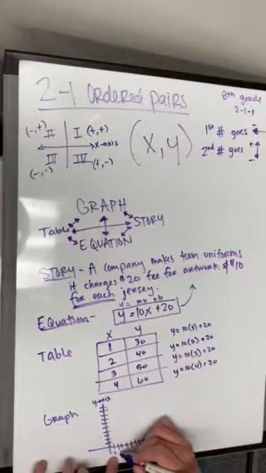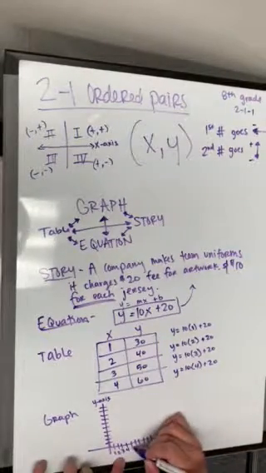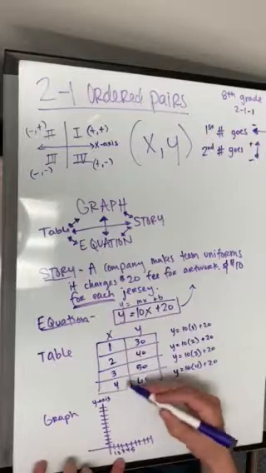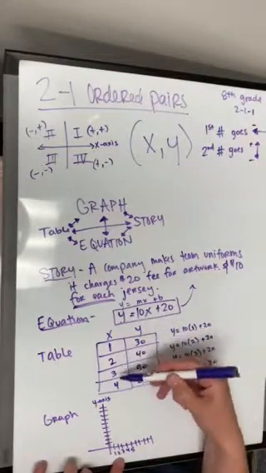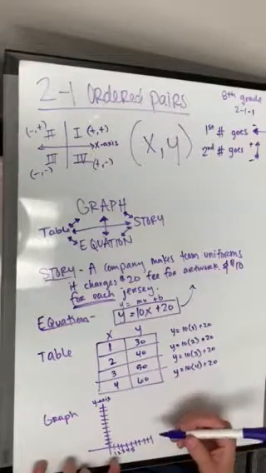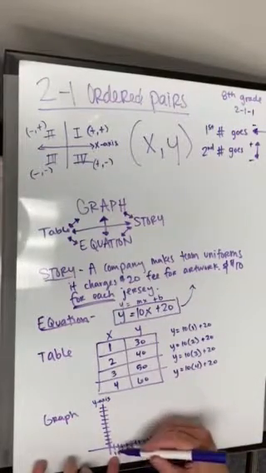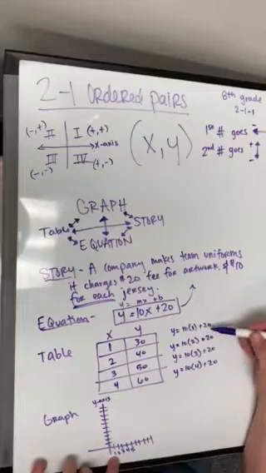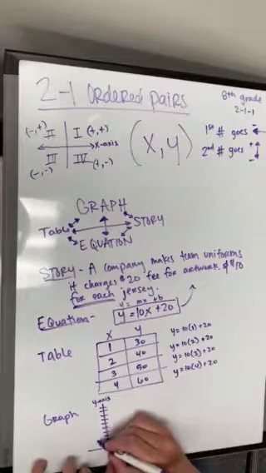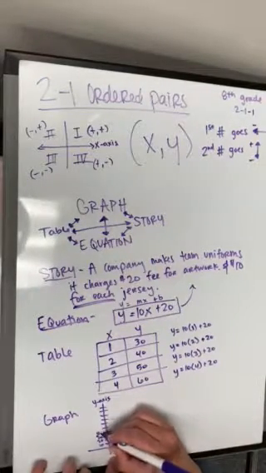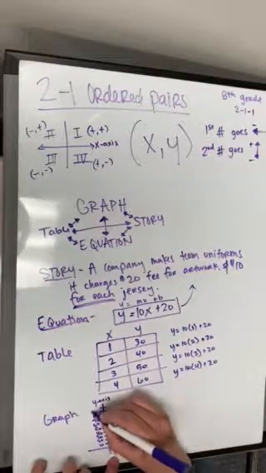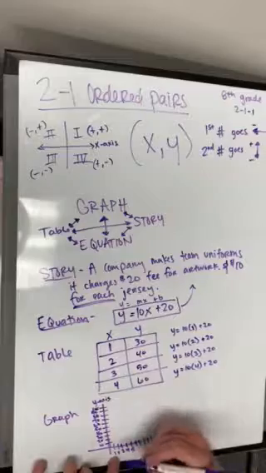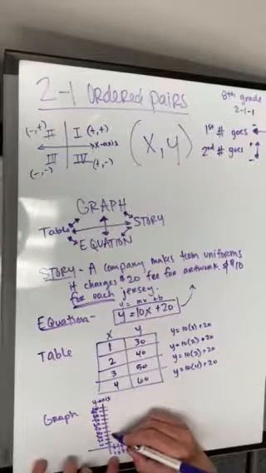So let's say this is 1 uniform, 2 uniforms, 3 uniforms, 4 uniforms, 5 uniforms. We know where we have to be on 1, 2, 3, and 4 uniforms. So my first uniform actually cost $30 because of this $20 fee. So $10, $20, $30, and so on up to $100. So my first uniform actually costs $30.